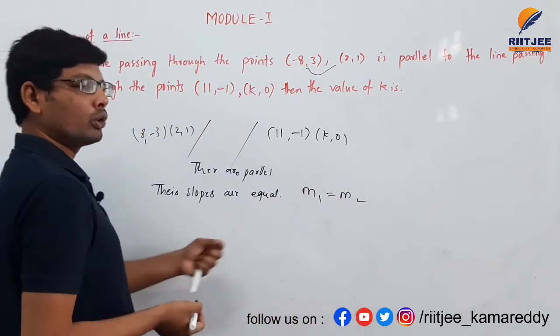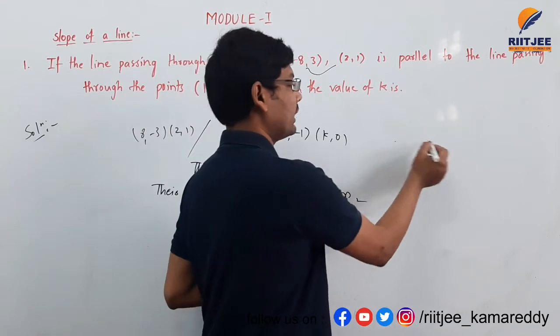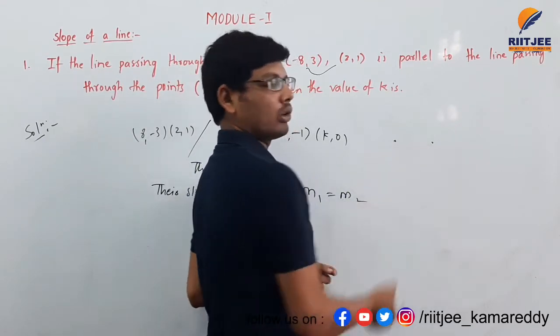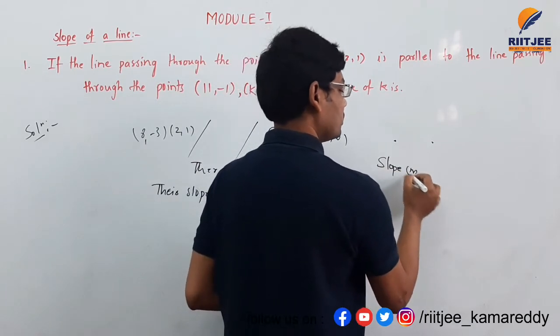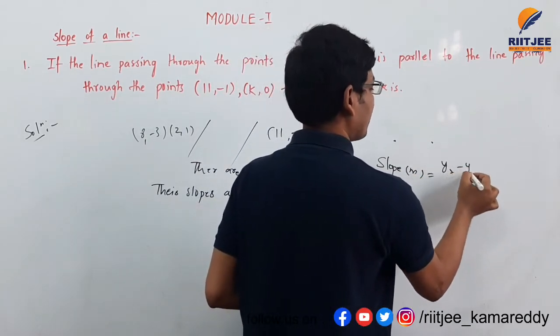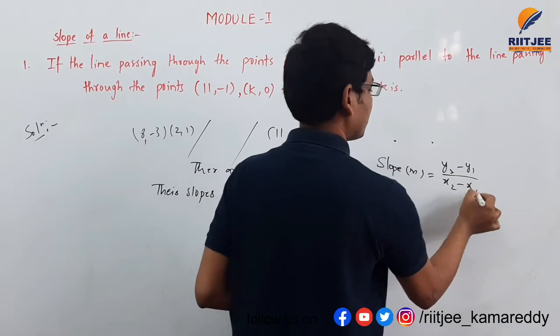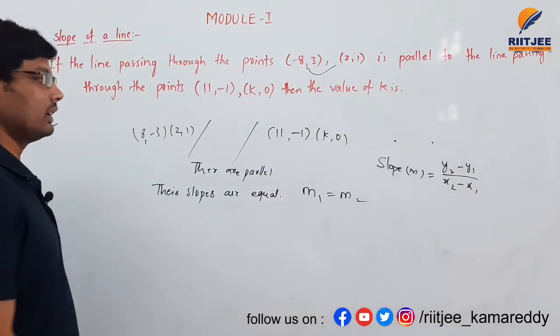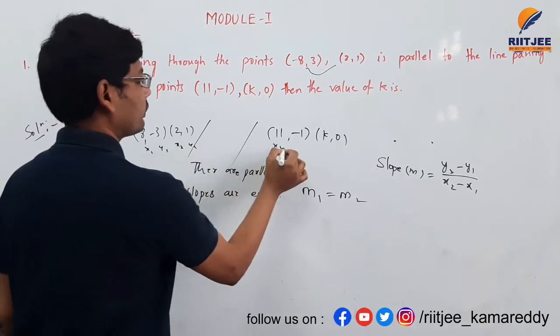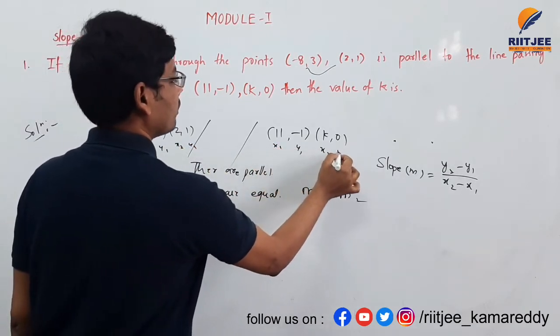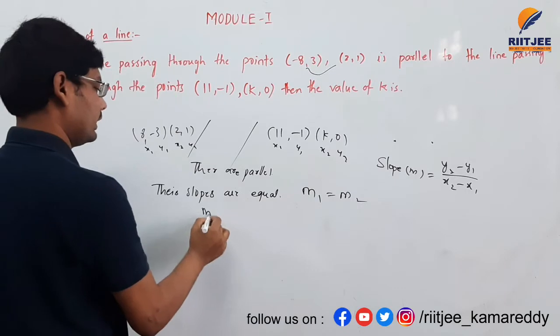When 2 points are given, the formula of slope is m equals y2 minus y1 by x2 minus x1. This is x1, y1, x2, y2, and m1 is equal to m2.